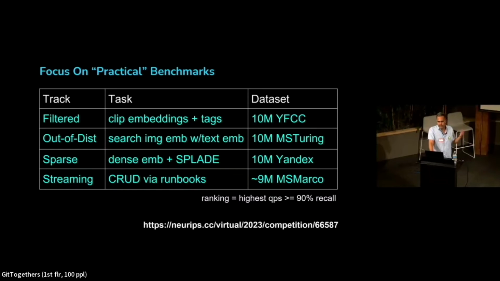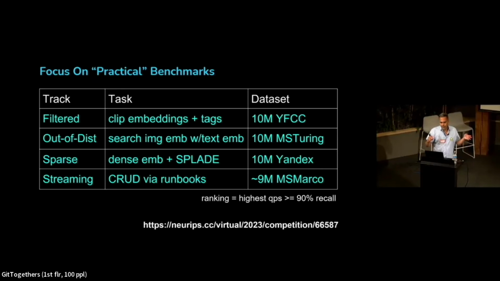What did we do? We actually created 4 tracks, and we evaluated on standard server hardware on smaller data sets. You can see at most it was 10 million records. But the tracks reflected a lot of challenges that people have integrating vector search in real applications. So filtered is the combination of dense search and tags, meta information.